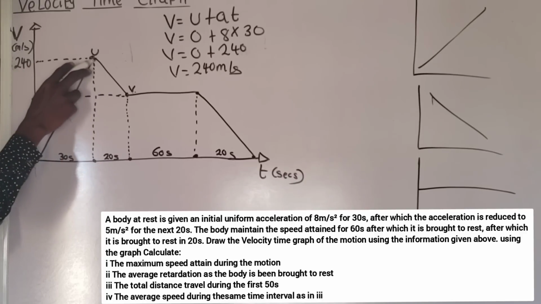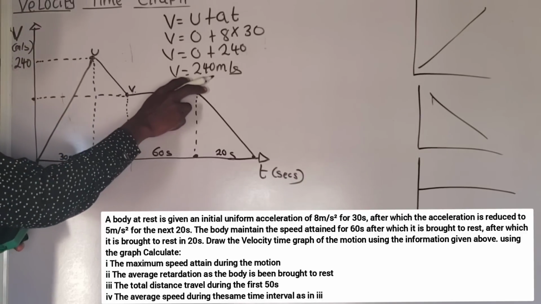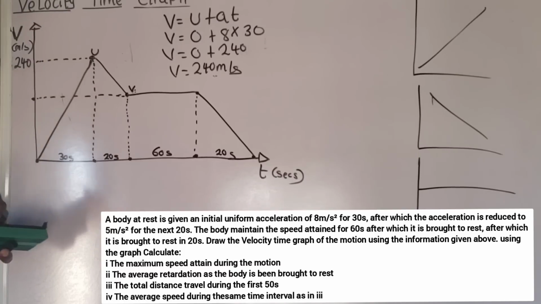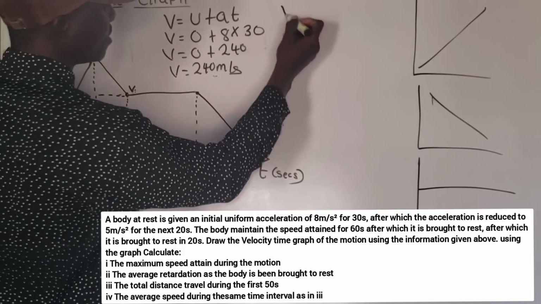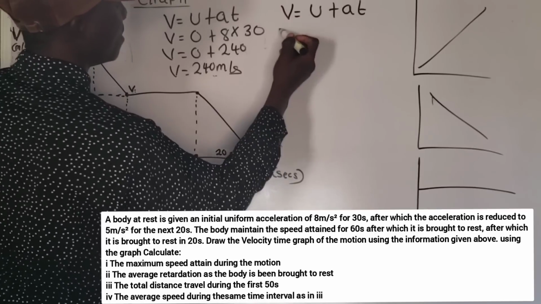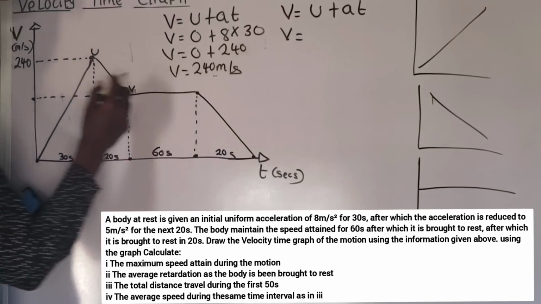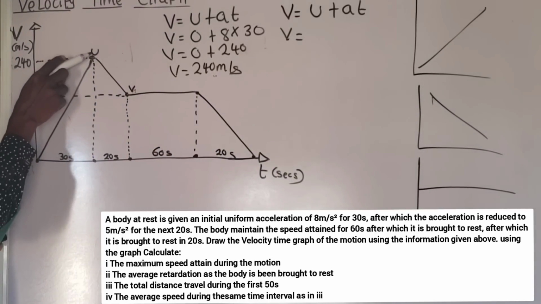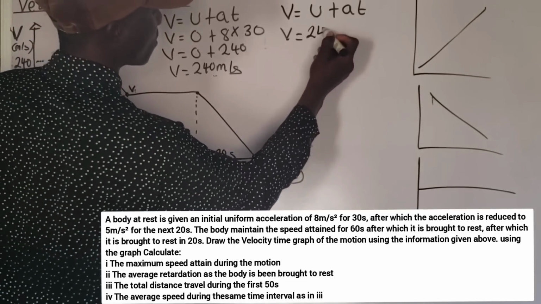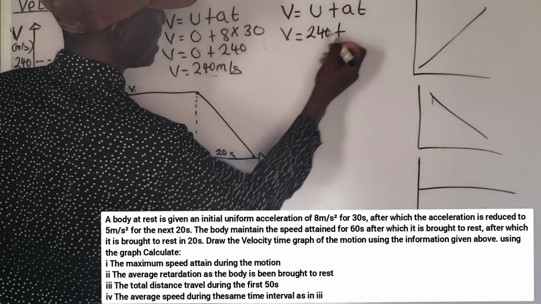So, the velocity that it attained here is what? 240 meters per second. Now, we can easily determine this using the equation of motion. Don't forget that v equals u plus at. v equals u, u is now 240, so I'm going to have 240 plus a t.